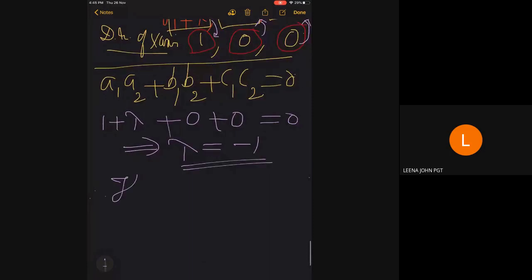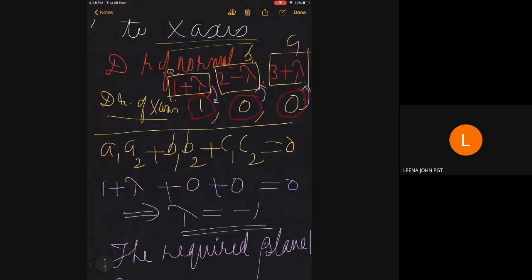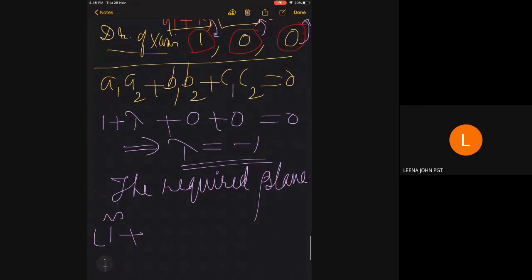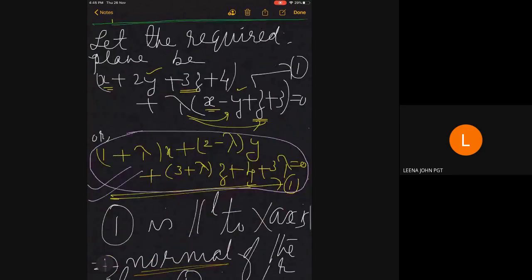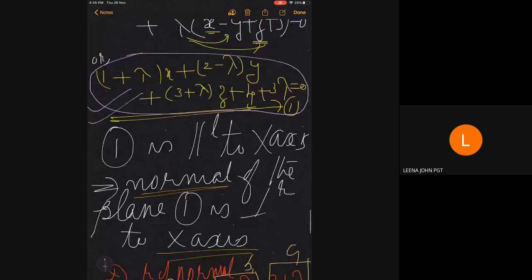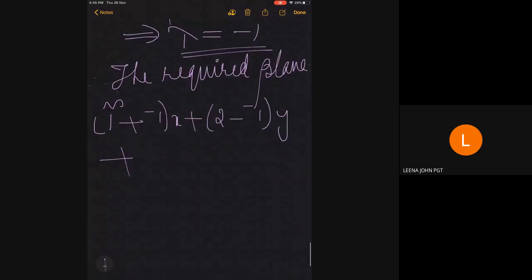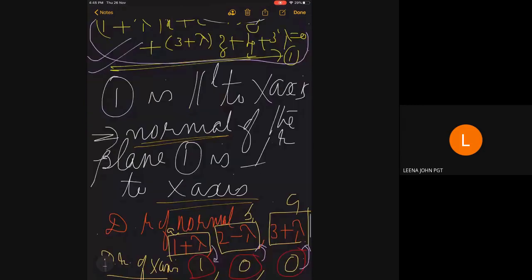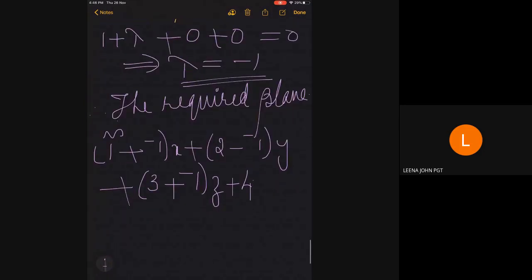So the required plane is, from your question, 1 plus lambda into x, so you get 1 plus minus 1 into x, plus 2 minus lambda into y, that is 2 minus minus 1 into y, plus 3 plus lambda into z, so 3 plus minus 1 into z, plus the constant 4 plus 3 lambda, so that becomes 4 plus 3 into minus 1, equal to 0.